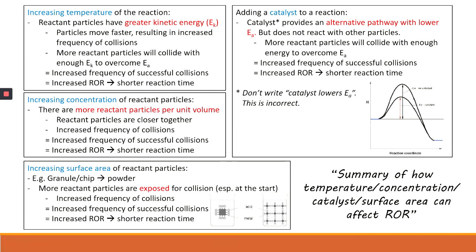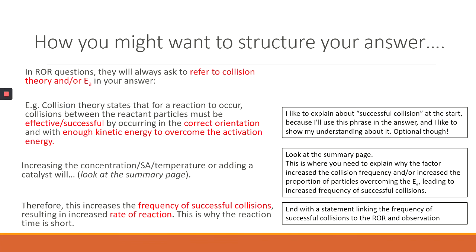This results in increased frequency of collisions, which results in increased frequency of successful collisions. Overall, there is increased rate of reaction, which is why we observe shorter reaction time. So that's how I would write or structure my answer for a rate of reaction question.